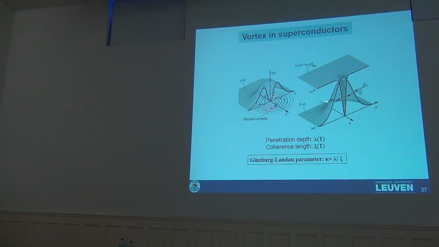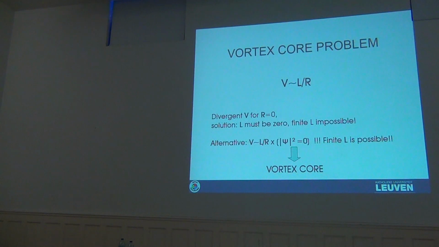You can also calculate the critical current, and it circulates nicely around this vortex, and the intensity dies out as we move away from the so-called vortex core. And as I already mentioned, the key issue in the physics of vortices in quantum systems was the problem of whether we can have finite L, because superfluid velocity is proportional to the quantum number L, and inversely proportional to the distance from the location to the circulating current.